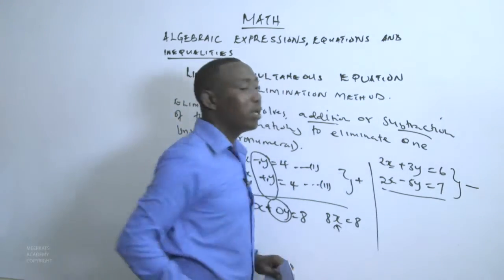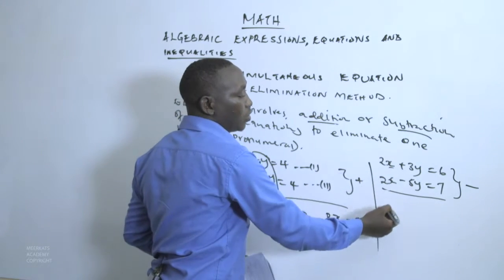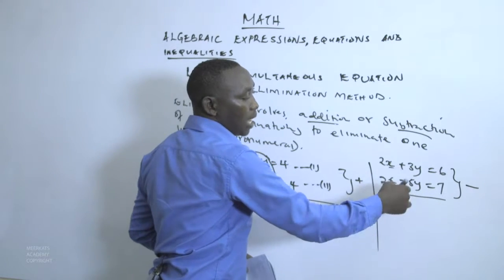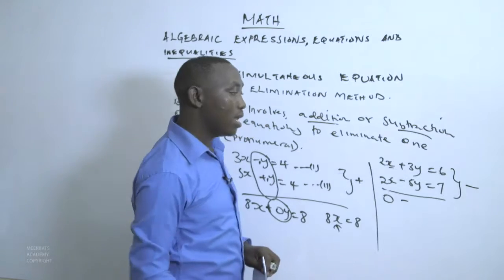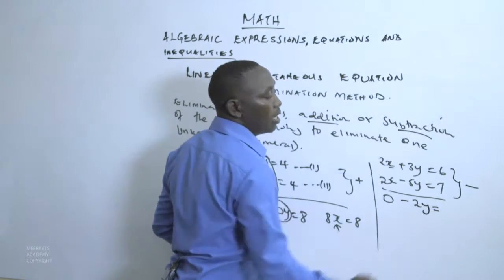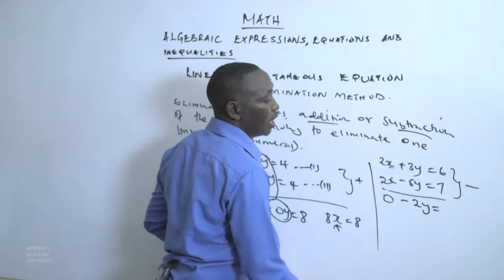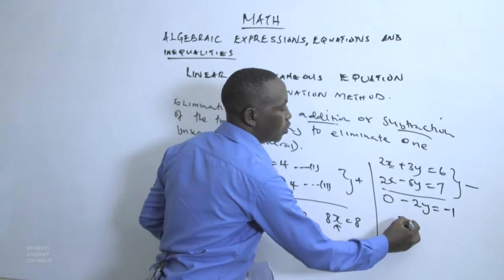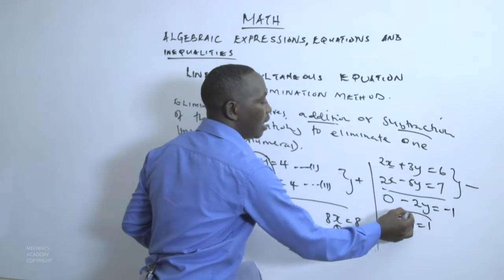So we're going to subtract: 2x minus 2x gives 0, plus 3y minus 5y, you'll get minus 2y is equal to, when you subtract 7 from 6, you'll get -1. And therefore, we're going to have 2y is equal to 1 as our third equation.